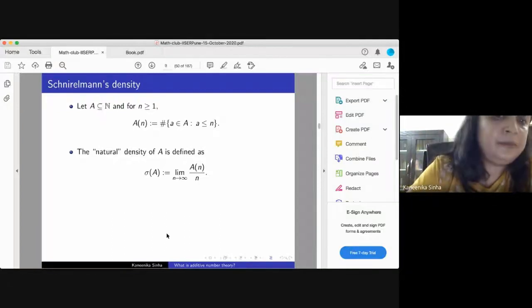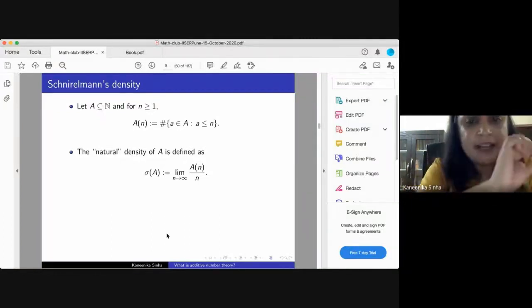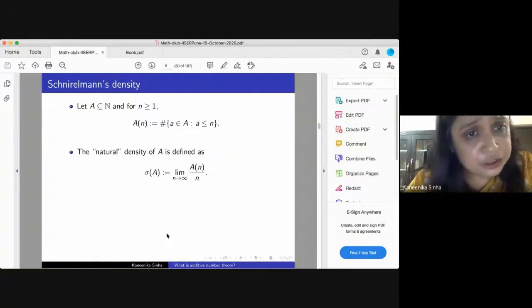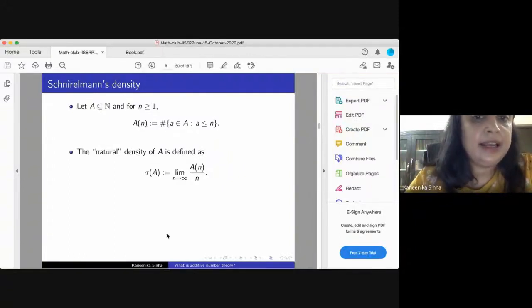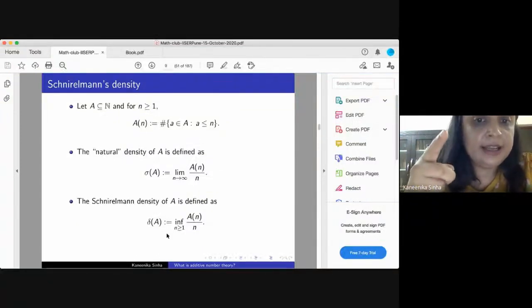Sometimes the limit could be 0, which is a way of saying that such numbers are very, very scarcely situated in the set of natural numbers. Now, Schnirelmann's density does something slightly different. Instead of taking the limit as n goes to infinity, he emphasizes the infimum over all n greater than or equal to 1.